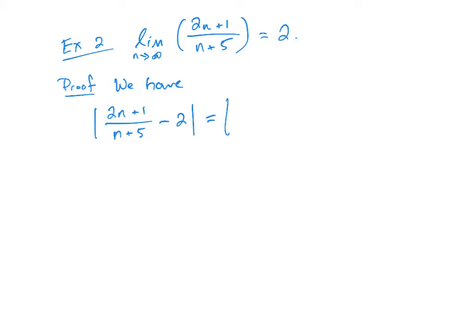In fact, let me pull that 2 out. 2 times 1 plus, let me show you all the steps here. 2 times n over n times 1 plus 1 over 2n all over 1 plus 5 over n, minus 2.